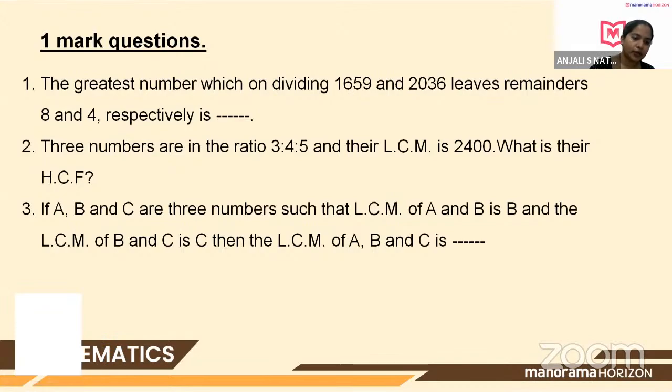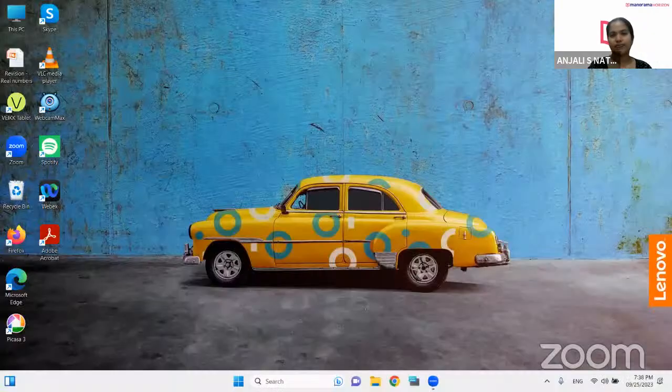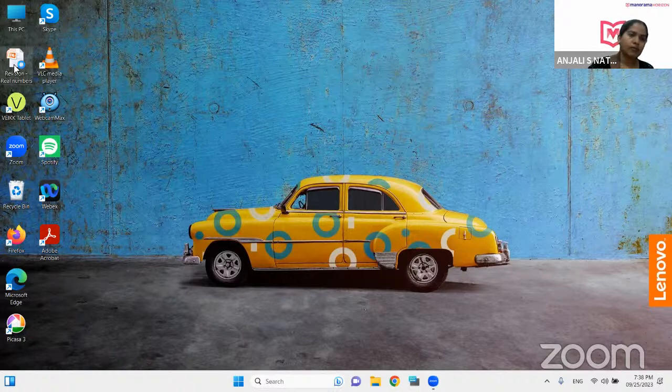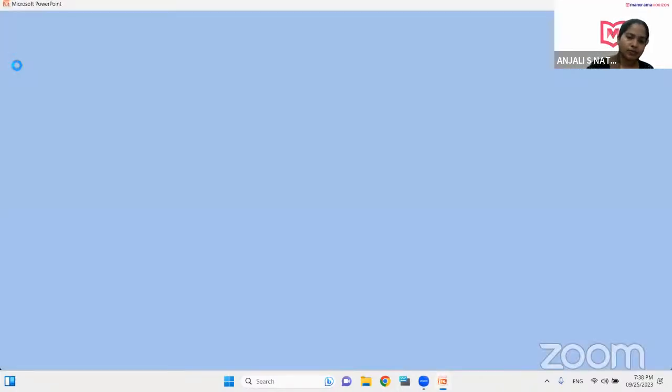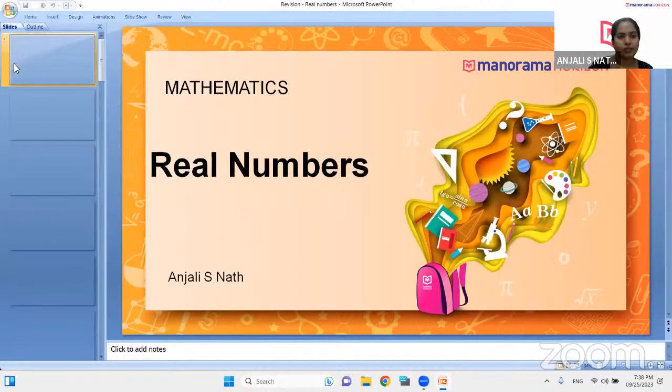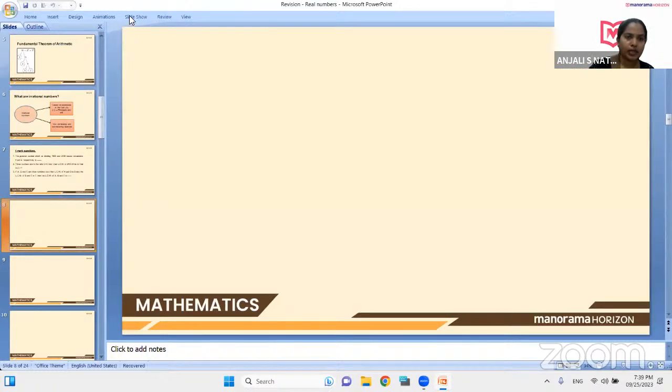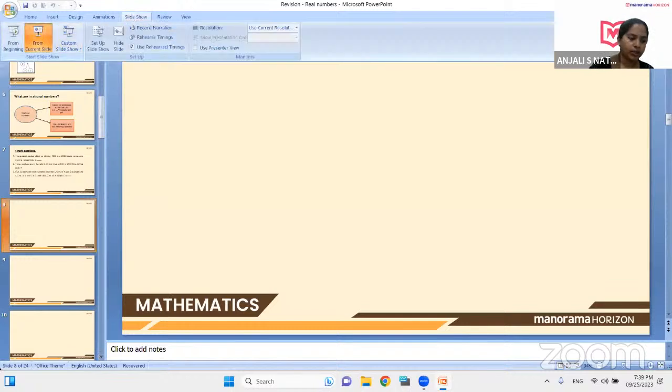So how to find the HCF of those numbers? Let us solve it. What are those numbers?